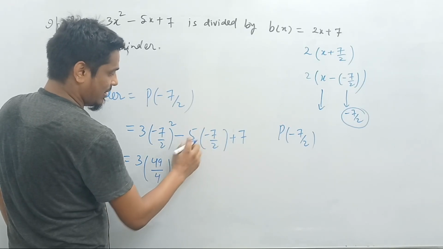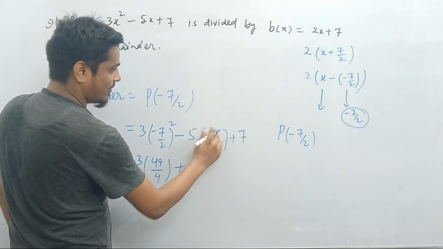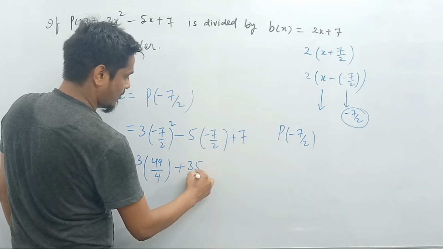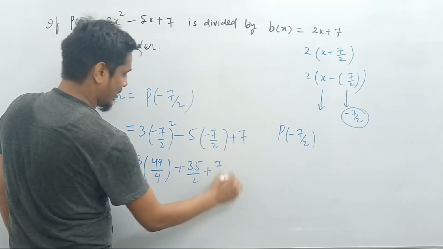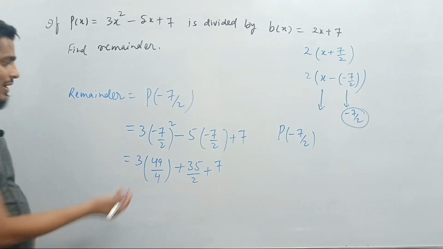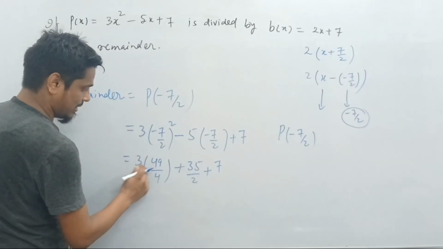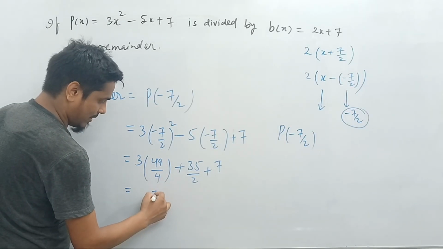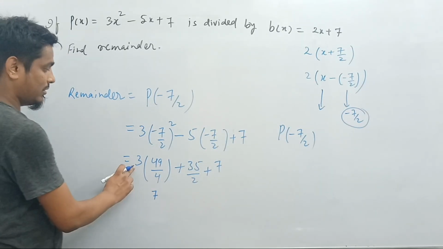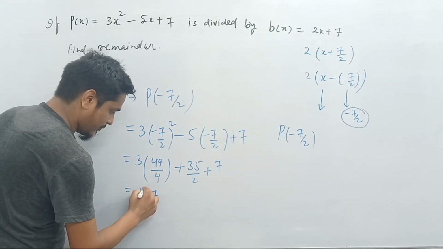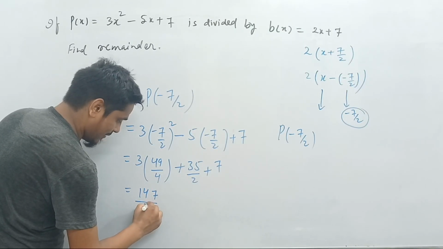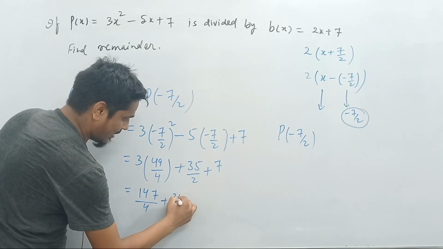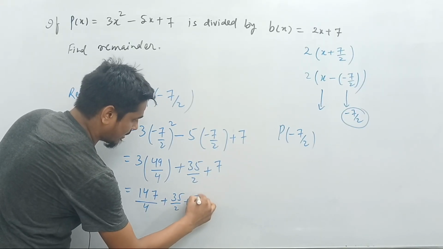And this negative becomes positive: 5 sevens are 35 by 2, plus 7. Further, we can simplify this: 3 times 49 is 147, over 4, plus 35 over 2, plus 7.